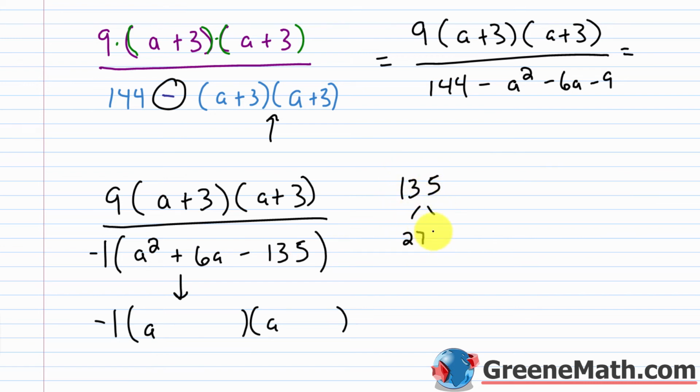It's what? 27 times 5. 27 is 9 times 3. 9 is 3 times 3. And so if I think about possible factors, the one that jumps out right away is what? 15 and 9, right? So if I did positive 15 and negative 9, the sum is going to be positive 6. The product's going to be negative 135.